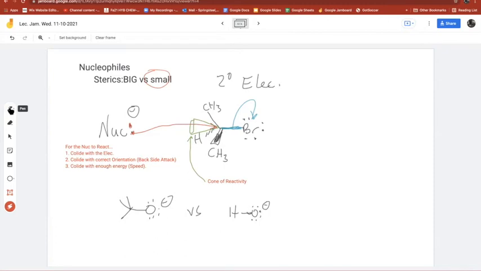But the T-butoxide is much bigger, right? So this is the smaller, stronger, faster nucleophile. Got it? Let me see, I gotta make up another one. Let's go.